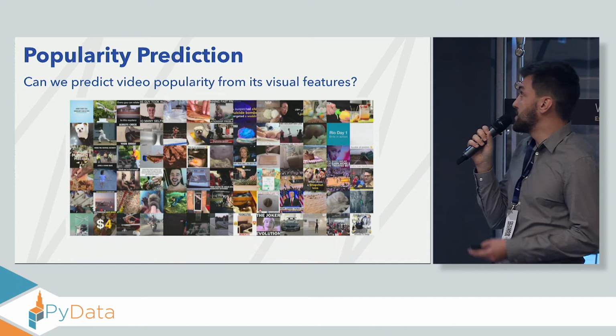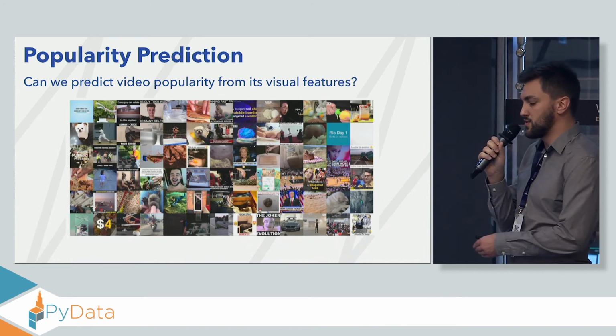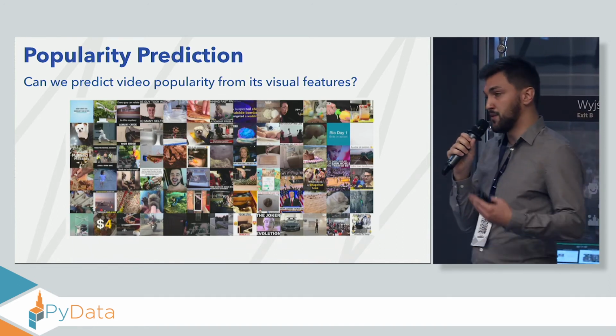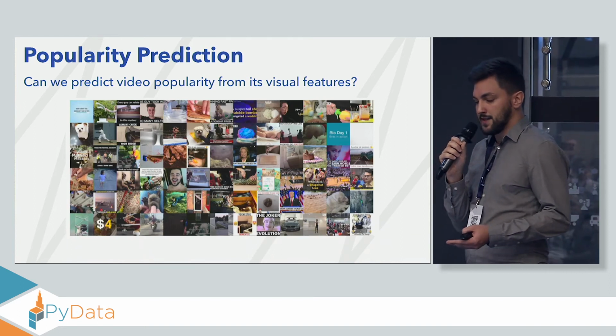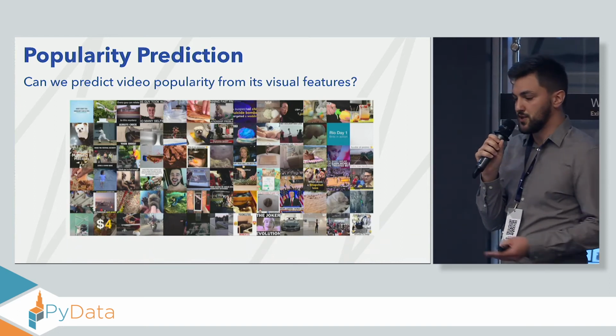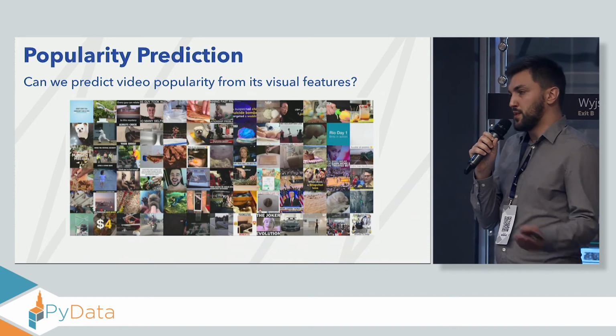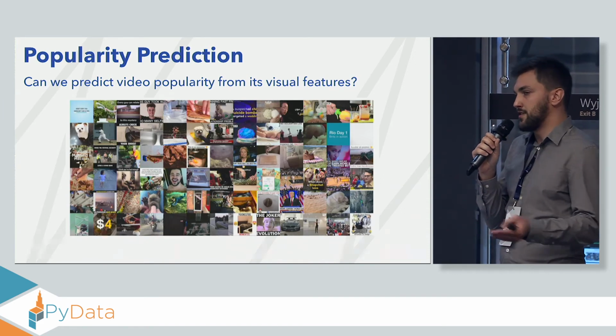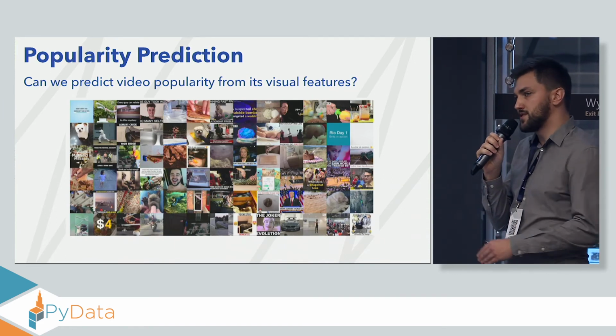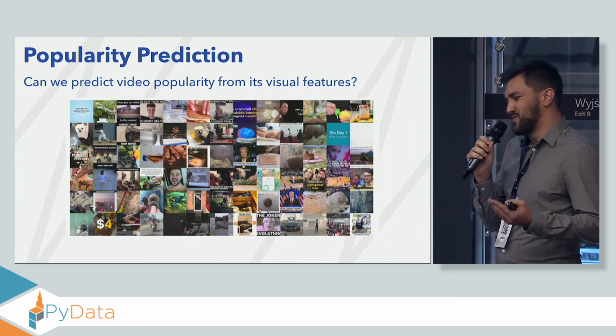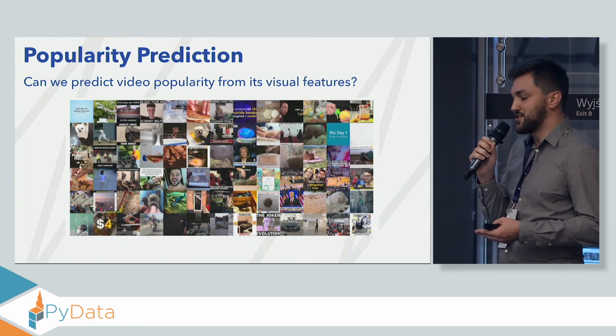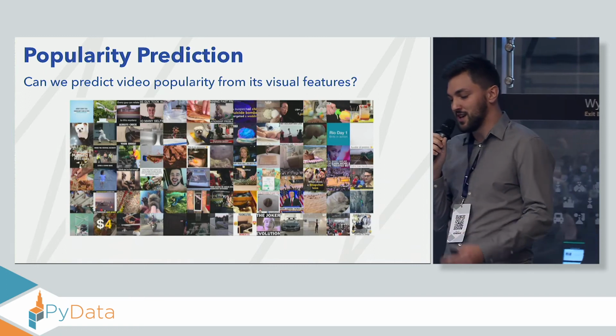We have a video. We have information of how they were consumed, how many people watched them, and based on this data, we can try to predict whether the video will be popular just using a thumbnail or first seconds of the video, where often users make a decision whether they are engaged or not.